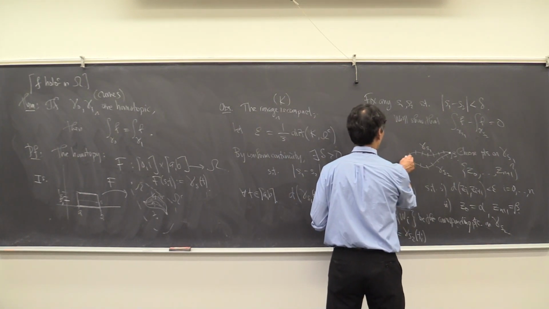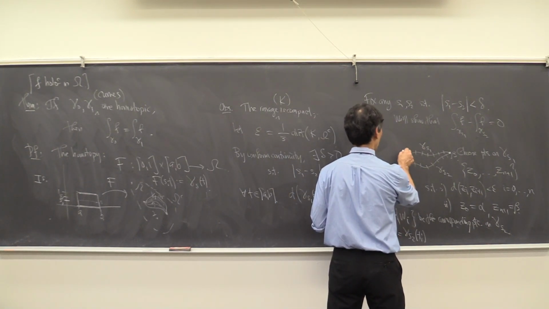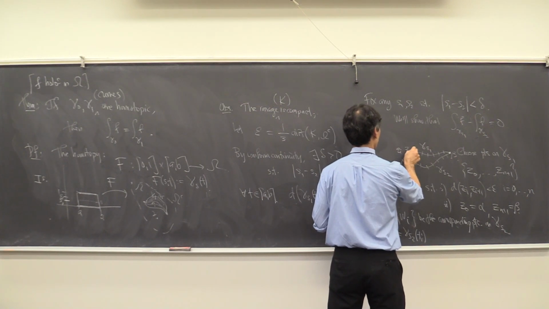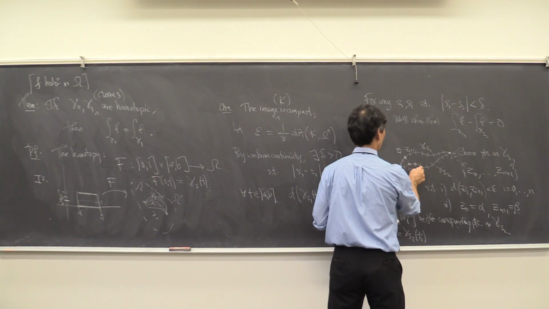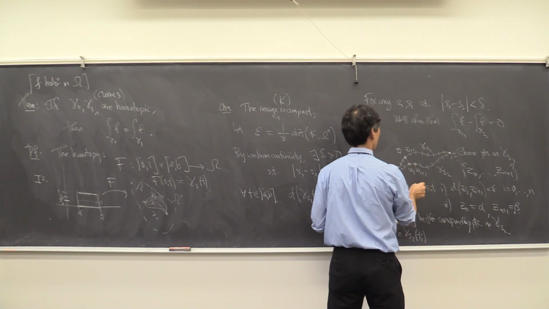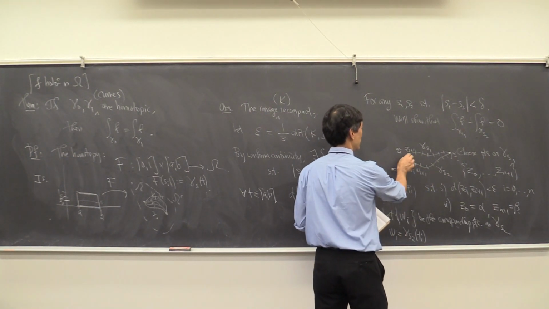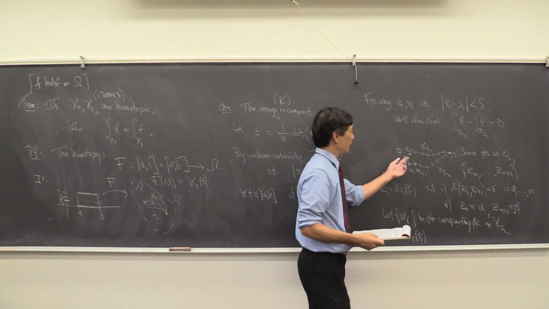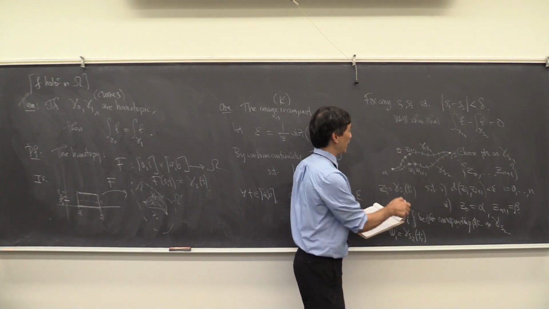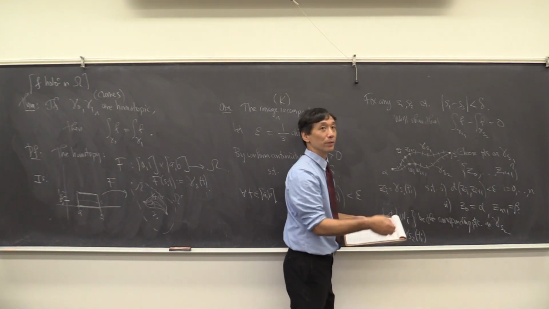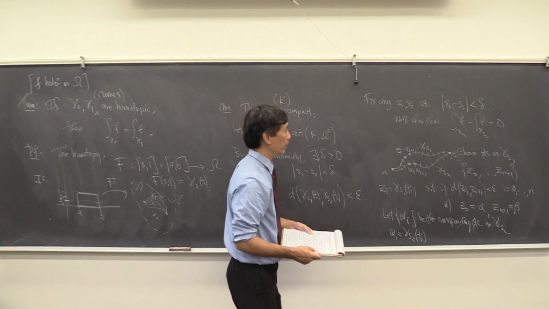Okay. So if this point is z sub i, and this point z i plus 1, this point w i, this thing w i plus 1, then it's easy to see that if you take a disk of radius 2 epsilon around z sub i, then that will cover all 4 of those points, by the triangle inequality.